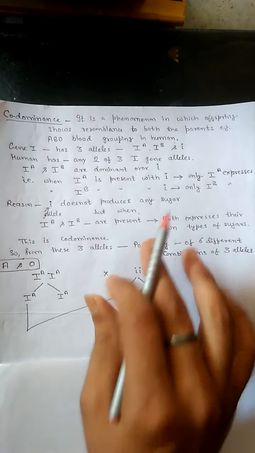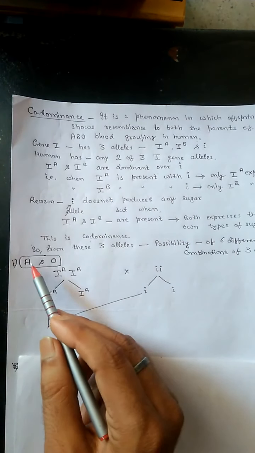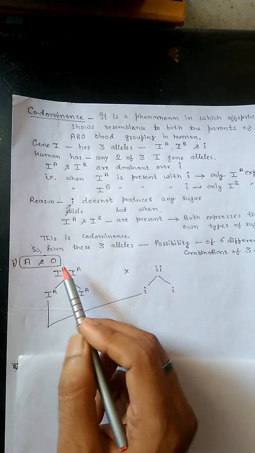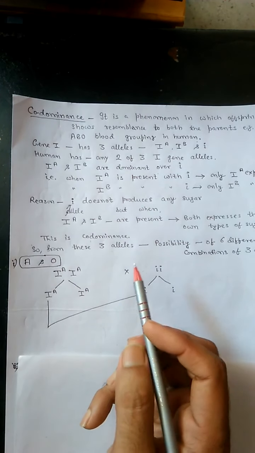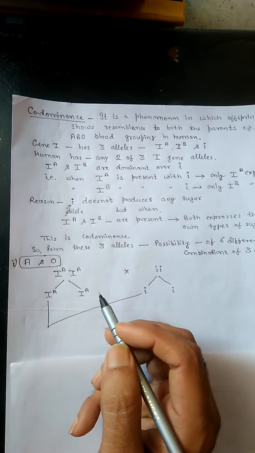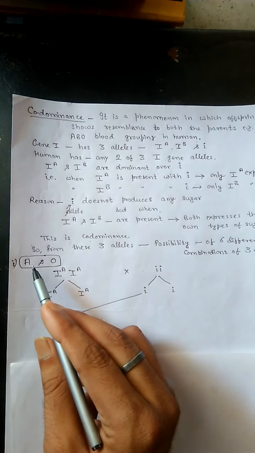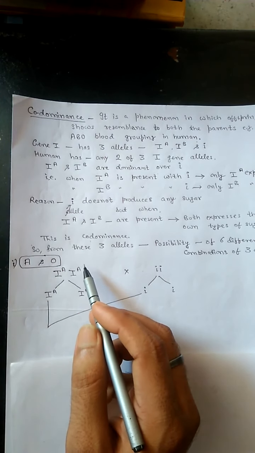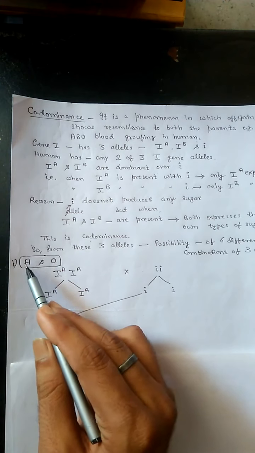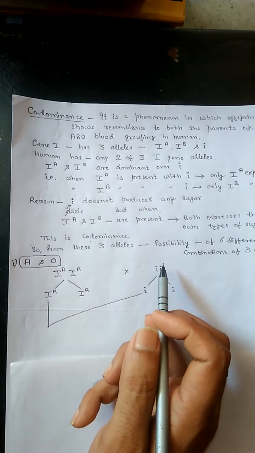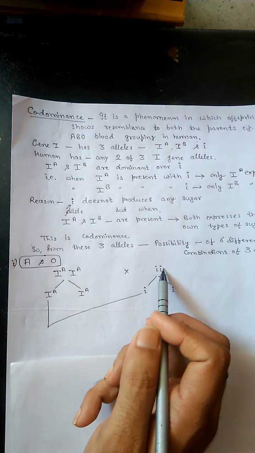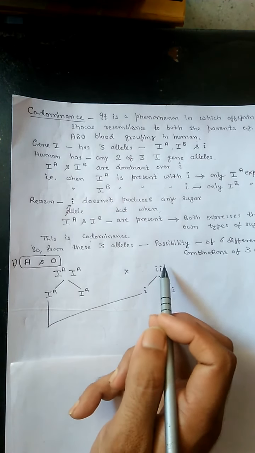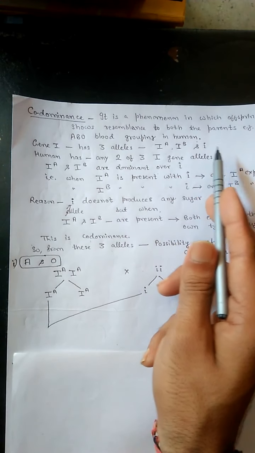Now when blood group A and blood group O combine, what will be the probabilities? When I combine with O, meaning the mother or father has A blood group and the other has O blood group, then O signifies the recessive allele, that is small i.